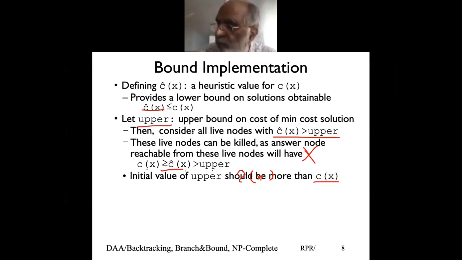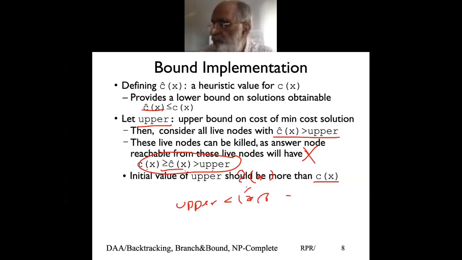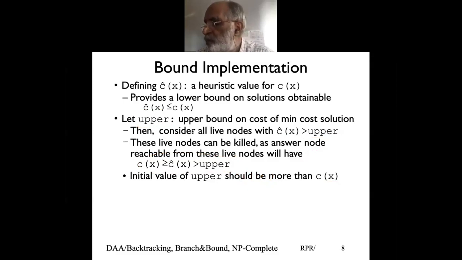So the moment we find this case, we can kill those nodes, because we need to make sure that every time upper is at least C hat x. Anytime we meet this condition, we'll kill that node.